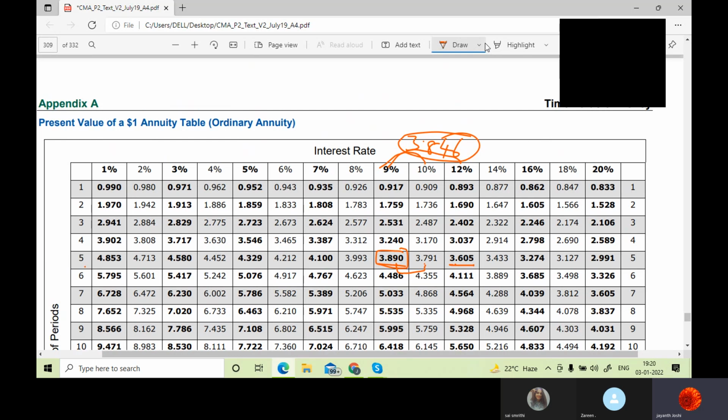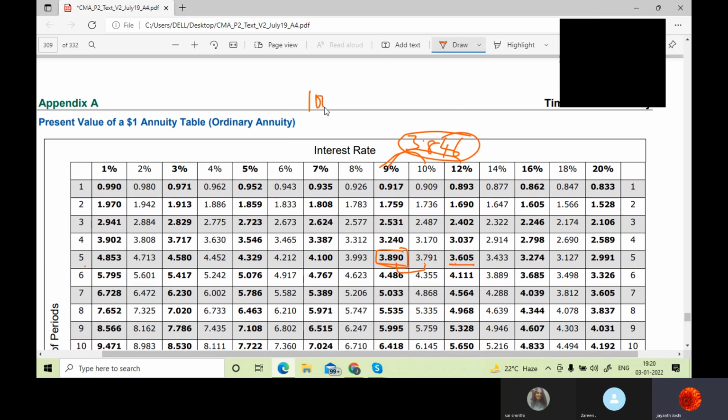See, if I invest 100 rupees and I am getting 10 rupees as a fixed amount every year, I divide 100 rupees by 10 rupees. Say the project life is 5 years.